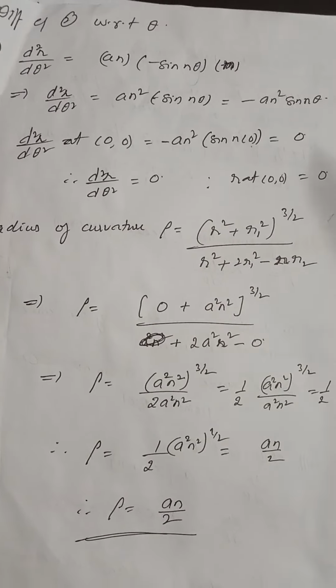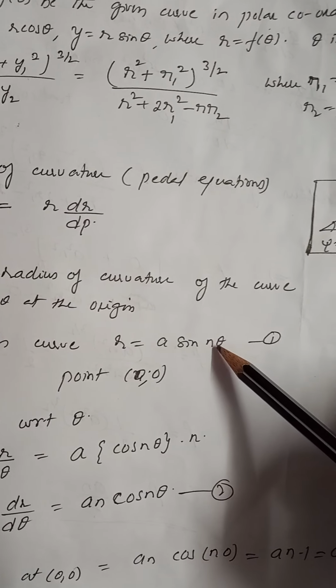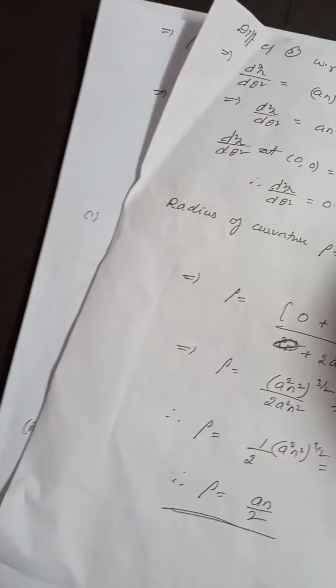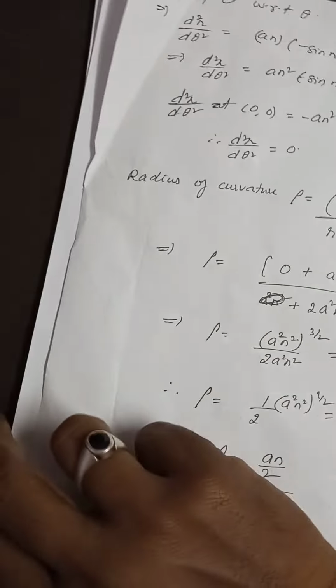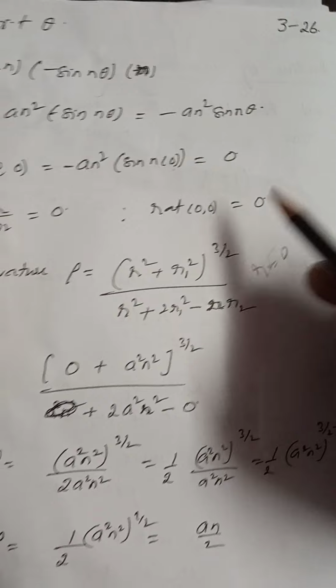What is the given equation here? This. r is equal to a sin n theta. At 0 comma 0, a into sin of n into 0 is 0. Therefore, r value is equal to 0 here. r at 0 comma 0 is 0, remember.